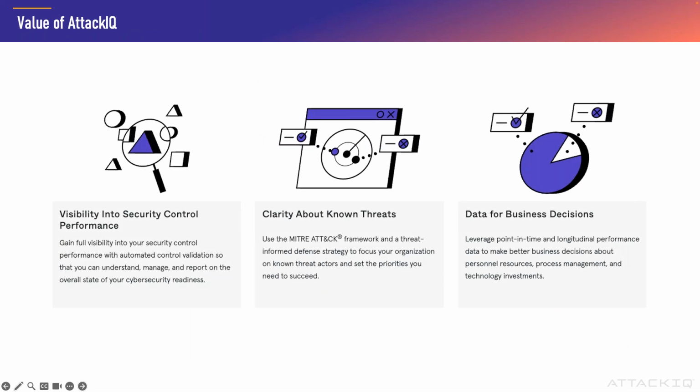And that could be against known techniques from the MITRE ATT&CK framework and elsewhere, against threat actors that are using those techniques, so you can see how that security control reacts against those techniques. Or it could be just a test to understand whether that security control is effective by itself. And ultimately, it's going to help you make those informed decisions and better help you understand if your cybersecurity program is effective or where you may need to take corrective action through mitigation steps.